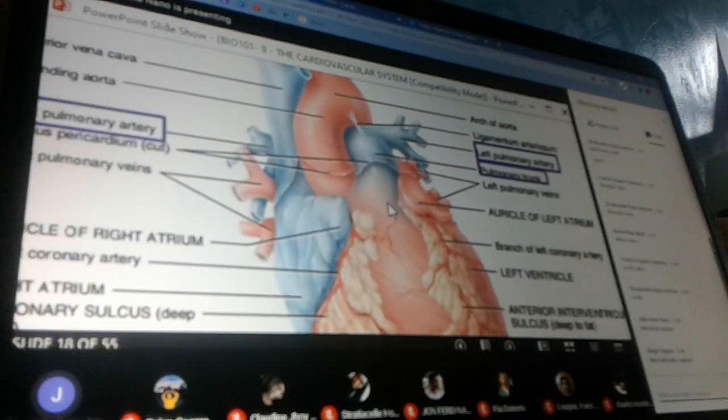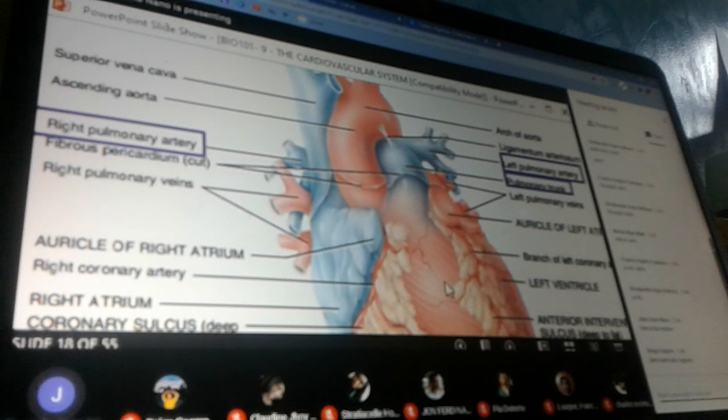And so, di ba, from the right ventricle class, pupunta siya sa opening natin, which is the pulmonary valve natin class. Once na nakapass through na siya sa ating pulmonary valve class, pupunta siya sa ating pulmonary trunk.